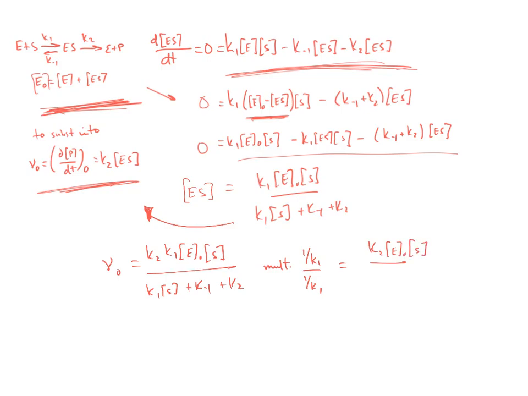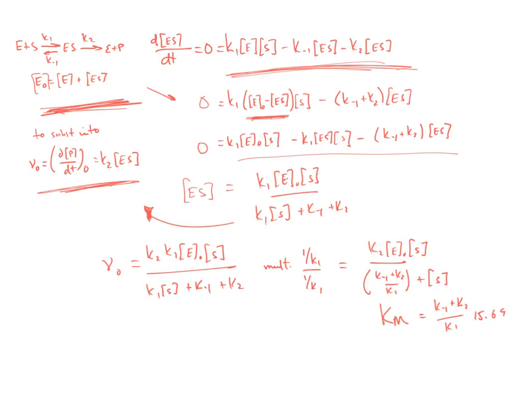We only have 3 terms in the top, and I end up having this collection of k's in the bottom. And that's what we're calling the Michaelis constant. The Michaelis constant is a mixture of these 3 k's that we've talked about for this whole page.